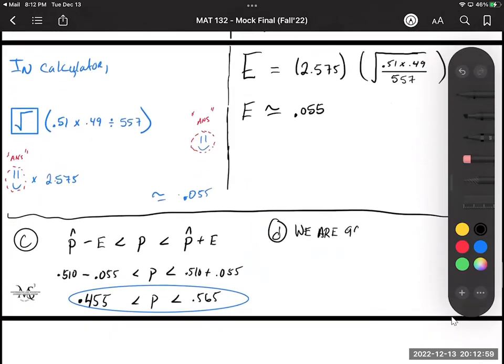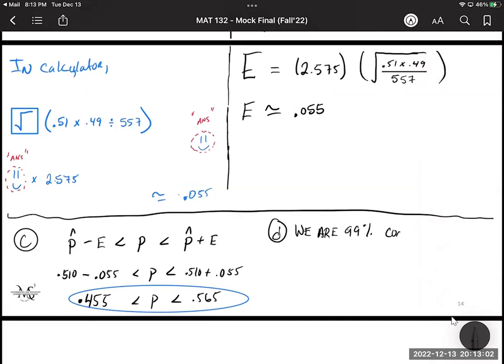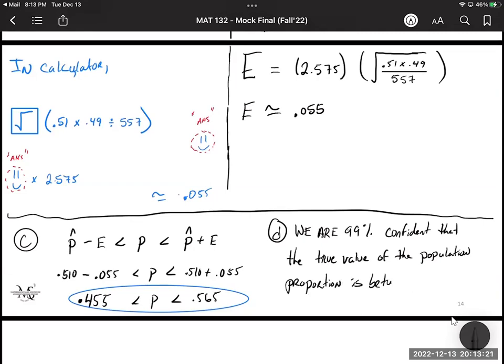We are 99% confident that the true value of the population proportion is between 0.455, which is your lower bound, to 0.565, which is the upper bound.